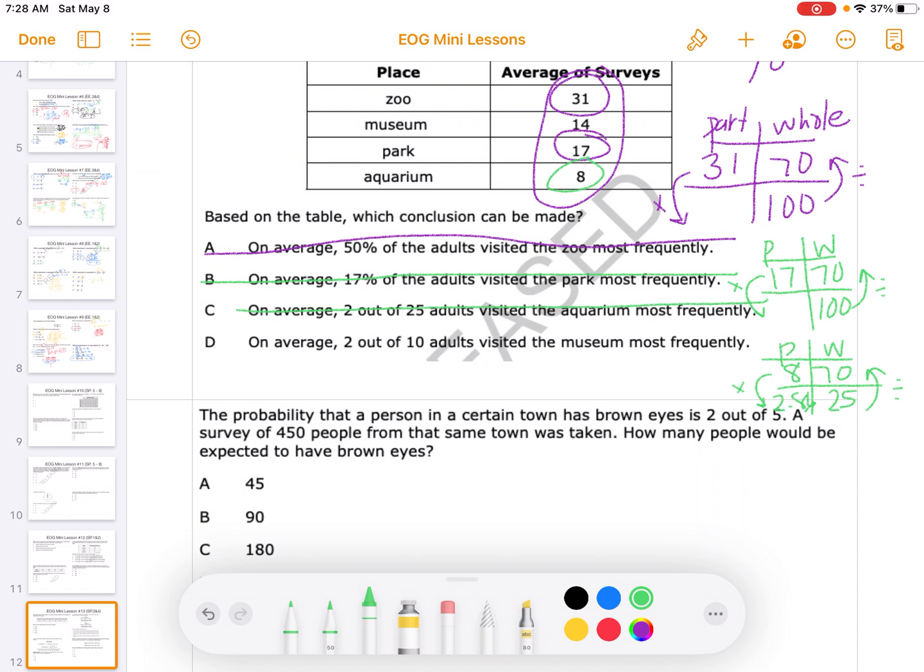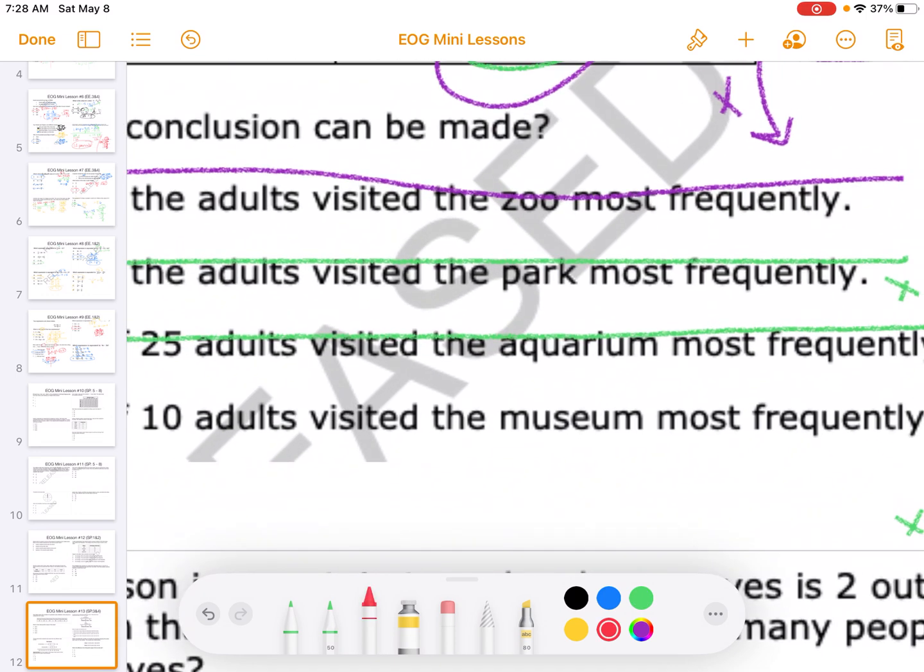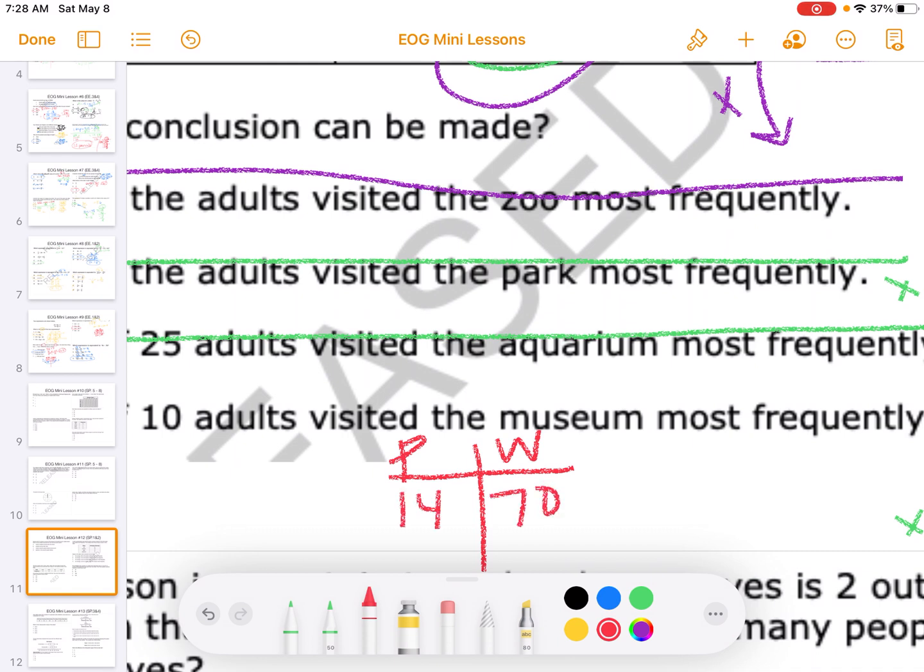So on average, 2 out of 10 adults visited the museum most frequently. So that's 14. So I have my part, I have my whole. So I know 14 out of 70. So I want to know if that's the same as 2 out of 10. So I divide going up, multiply coming down. So 100 divided by 70 times 14.